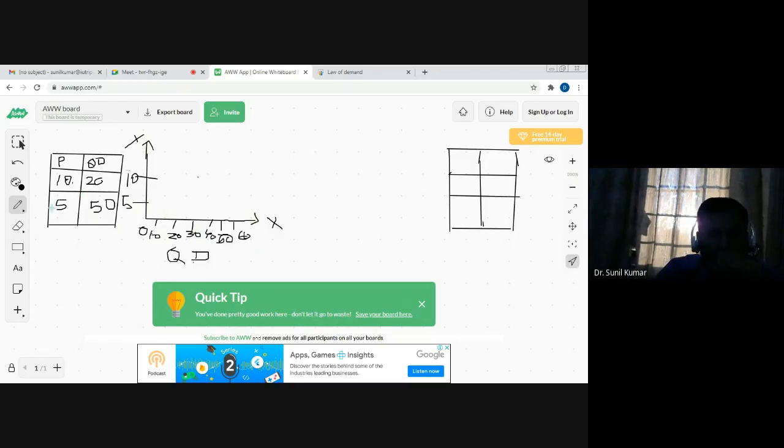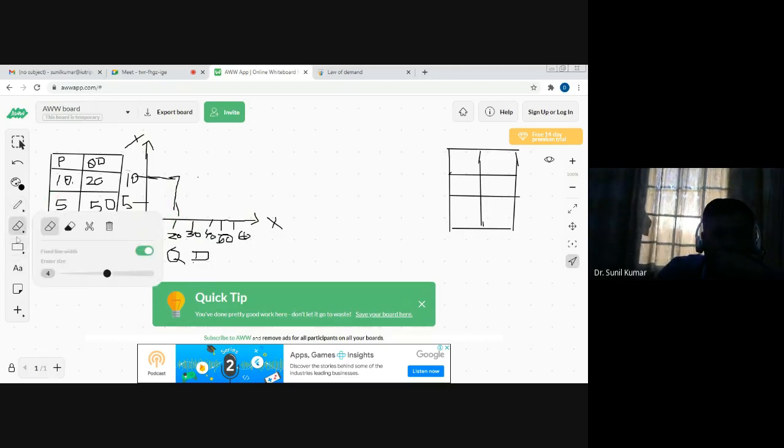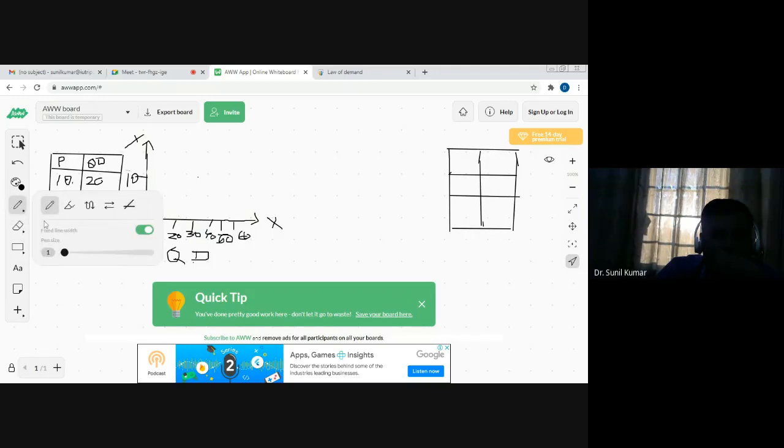Now at the price of 10 there is a demand of 20. So at the price of 10 there is 20, and at the price of 5 there would be 50.